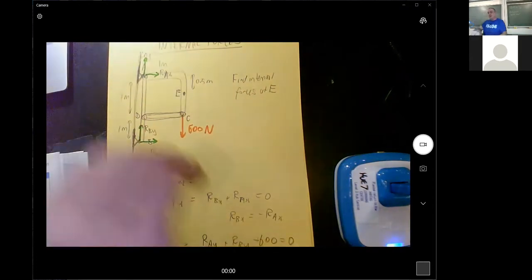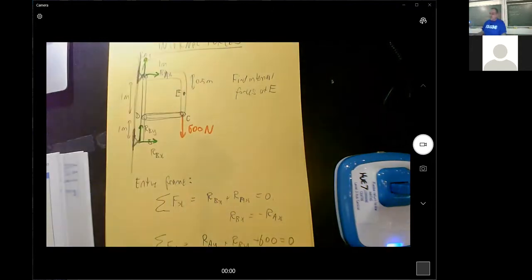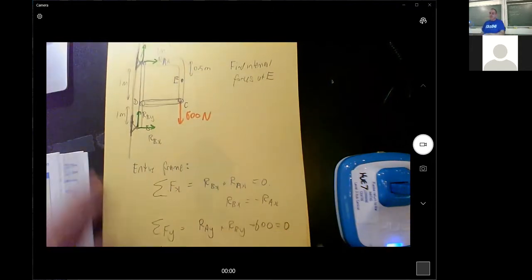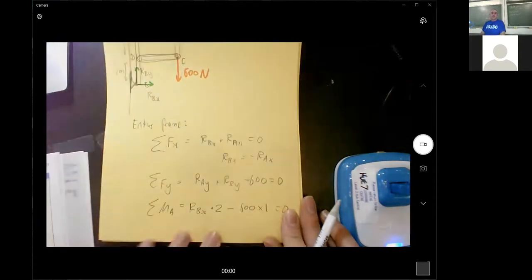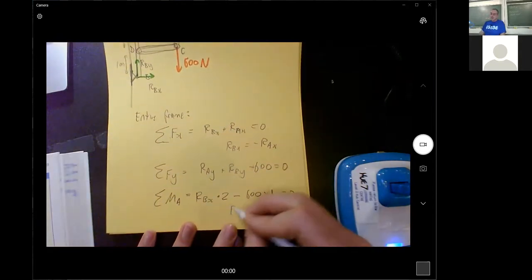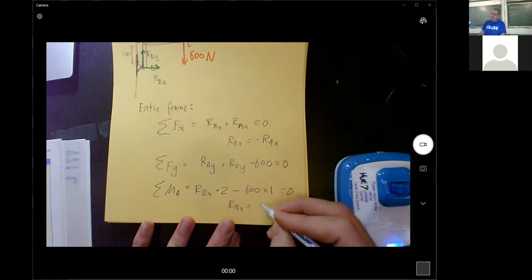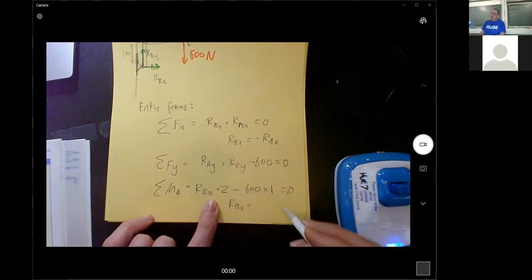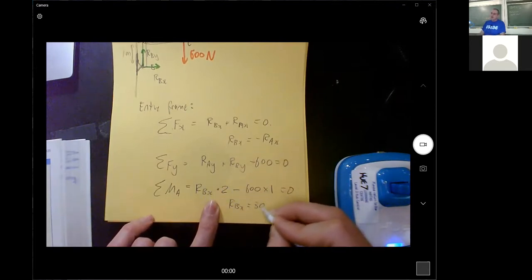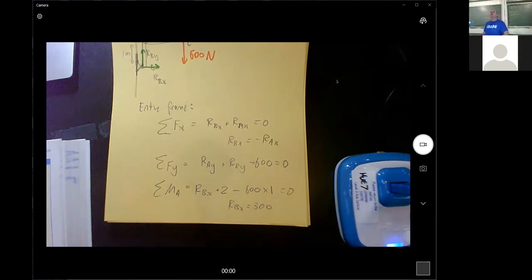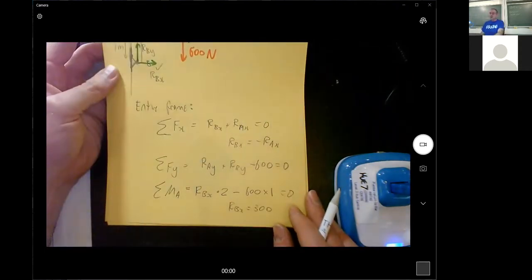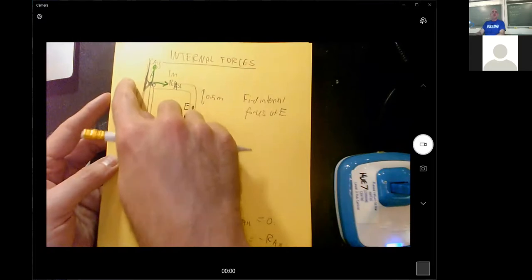And that's negative. And so 2 RBX is 600, and so RBX must be 300. Cool. And so that's actually a proper positive one. This arrow is pointing in the correct direction, which means that this arrow is pointing the other way. It goes that way there.